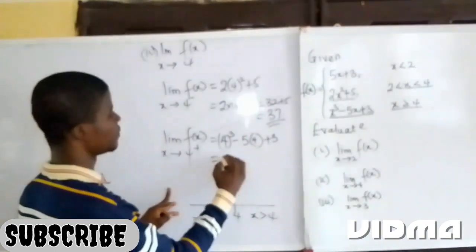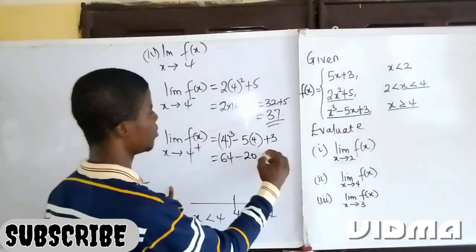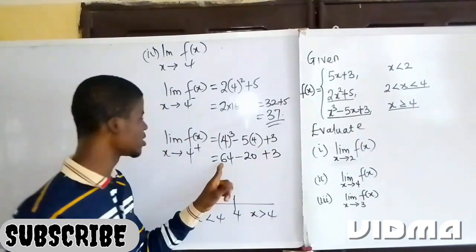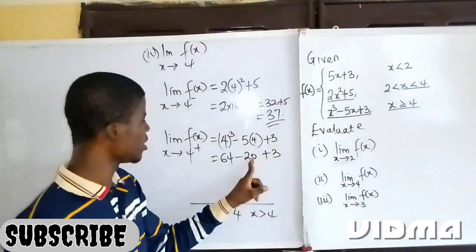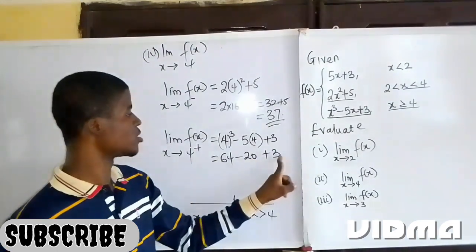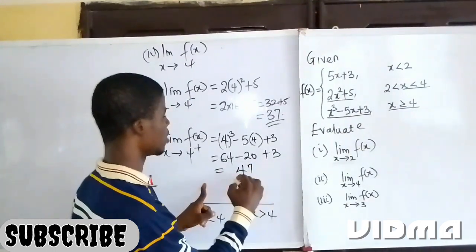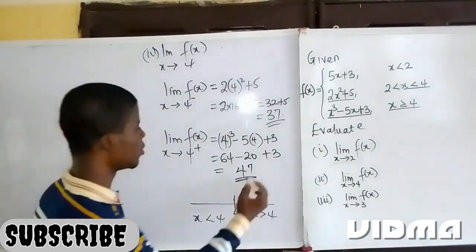4 cubed is 64. 5 times 4 is 20. Then plus 3. 64 minus 20 is 44, and 44 plus 3 is 47. So this is 47. Now, it's so obvious.